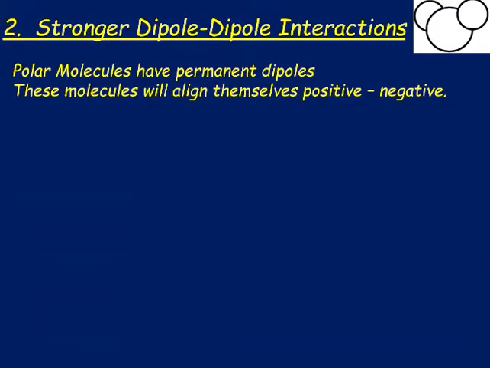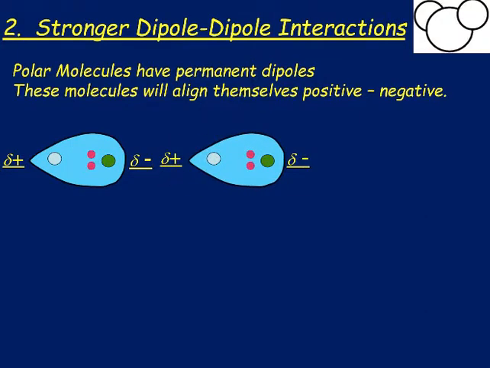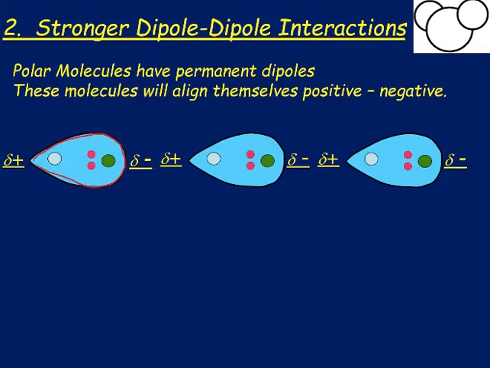So to explain what dipole-dipole interactions are, polar molecules will have these permanent dipoles, and the molecules will align themselves positive to negative, positive to negative, positive to negative. We saw this diagram earlier. This is just showing you the distribution of the electrons. So if this is HCl, most of my electrons are with the chlorine.